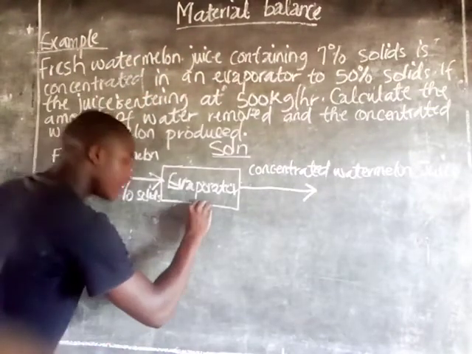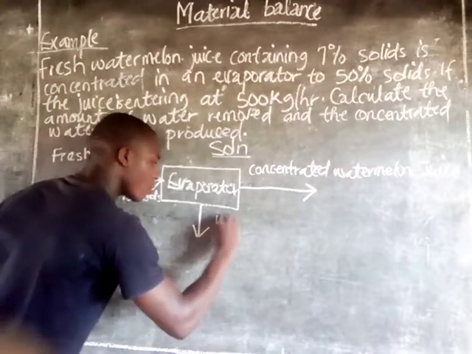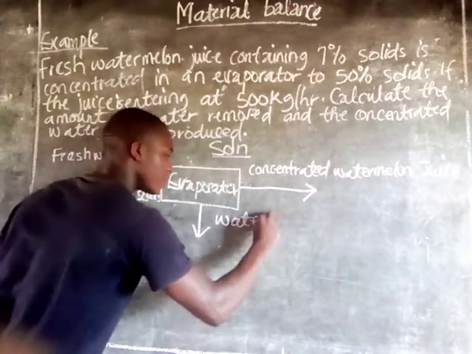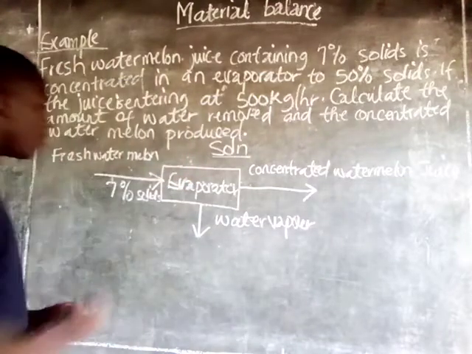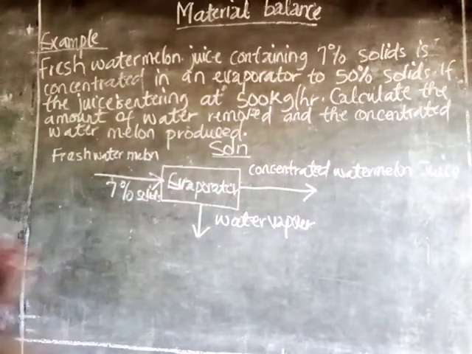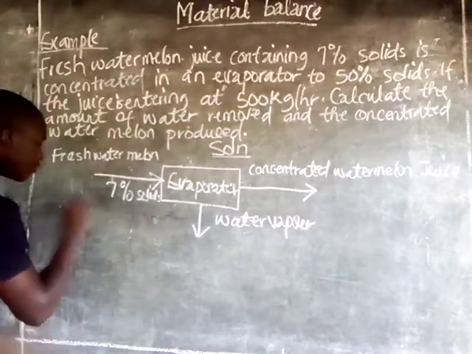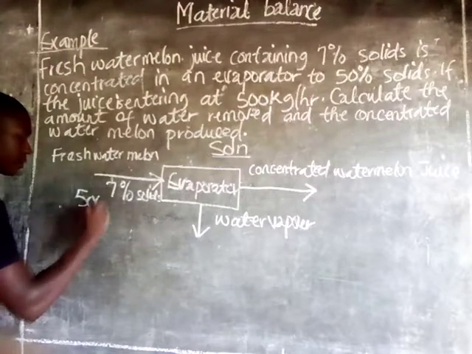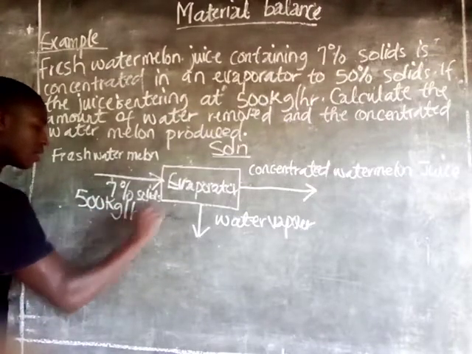So another thing that came out is water vapor. Now the juice was entering at the rate of 500 kilogram per hour.